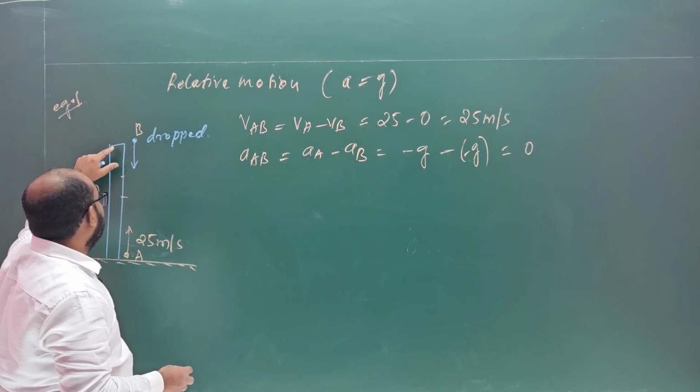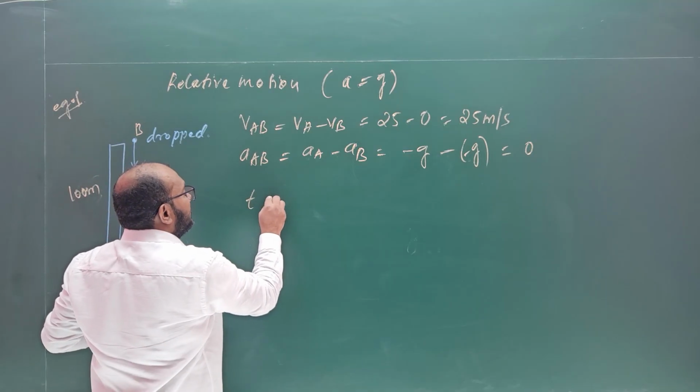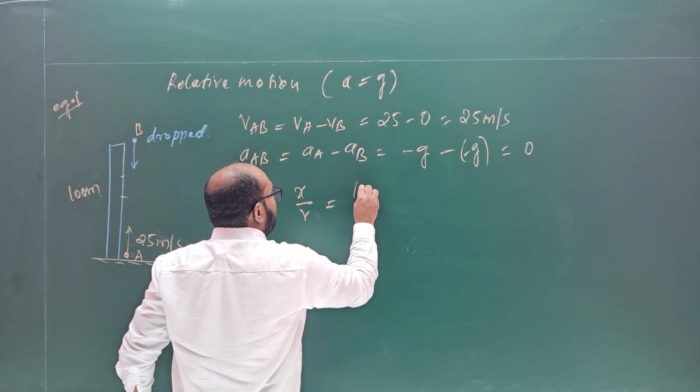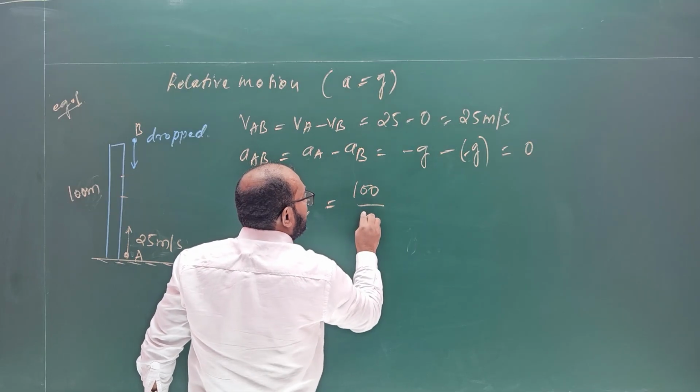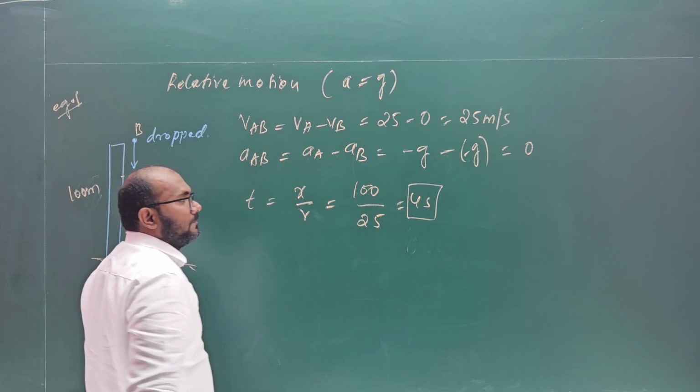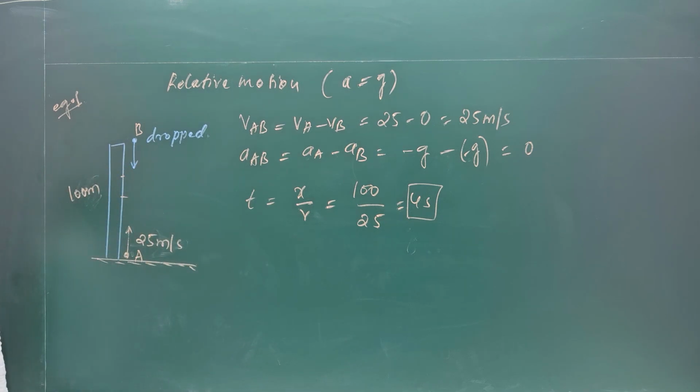Then the time is displacement upon velocity. Total displacement is 100 upon relative velocity 25. That means after 4 seconds they will cross each other, overtake each other, or collide, whatever terminology they use. Got my point till here?